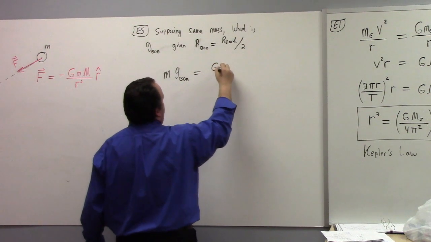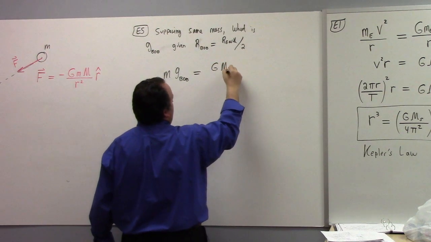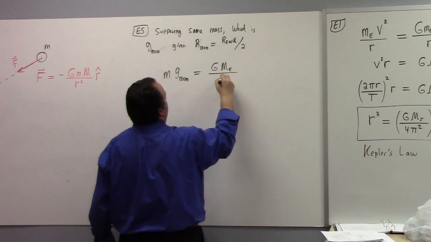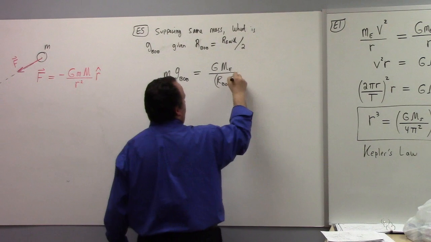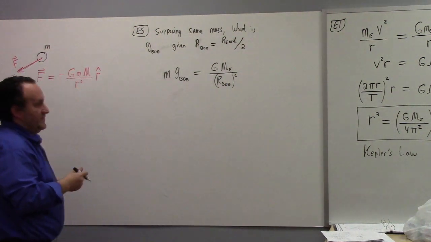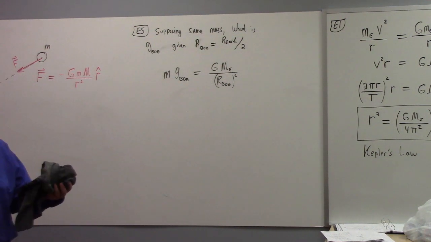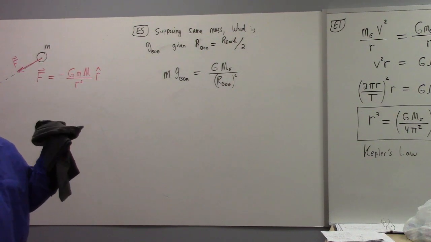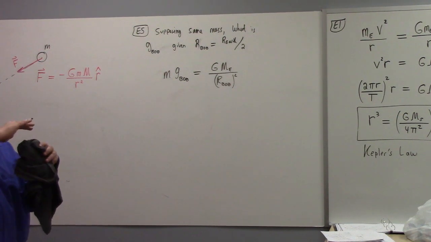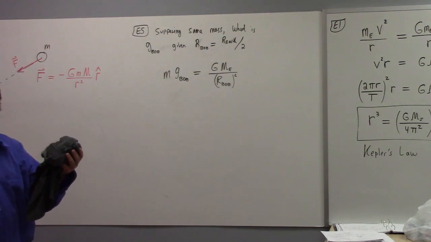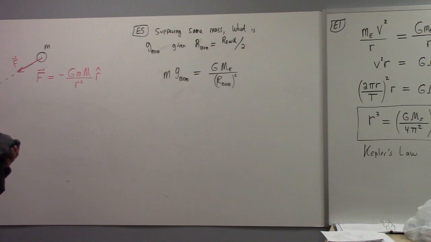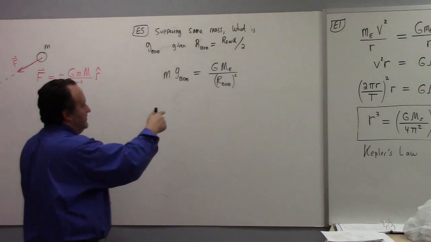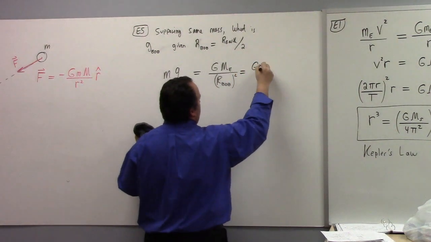It's going to be G times mass of the Earth, same mass, divided by the radius of Bob squared. So where is this coming from? This is just Newton's universal law of gravitation applied to the mass at the surface, right? And this is really the definition of G sub Bob. This is what we mean by gravitational acceleration at the surface of a planet, all right? Now, so this is G mass of the Earth.